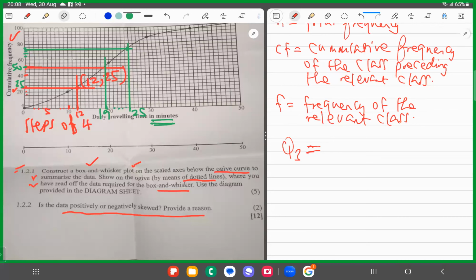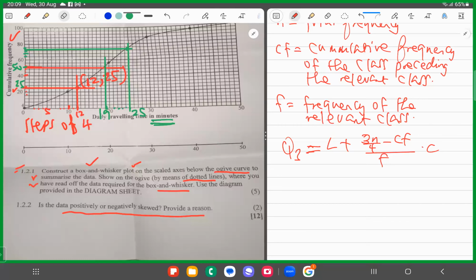Q3 will be given by L plus (3N/4 minus CF) divided by F times C. That would be the Q3, and we stated that above, so I wouldn't want to repeat that one, otherwise I'll just be wasting time.